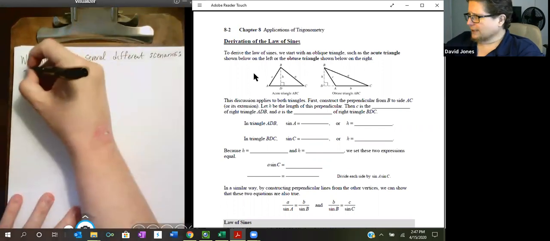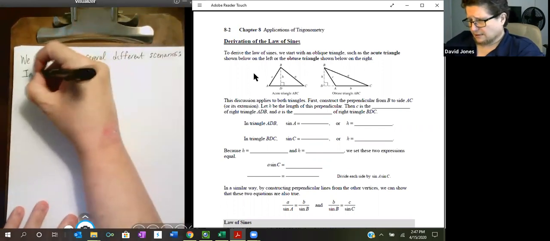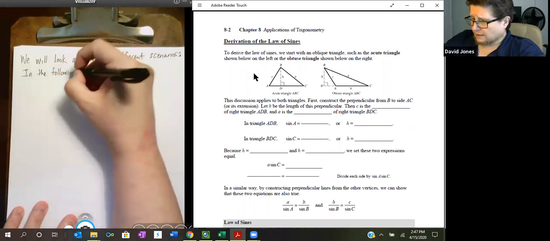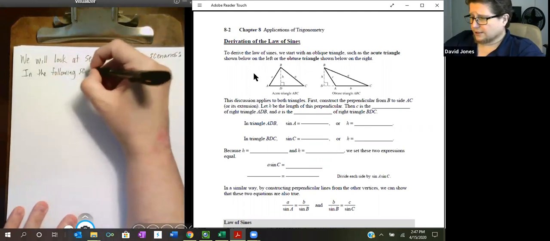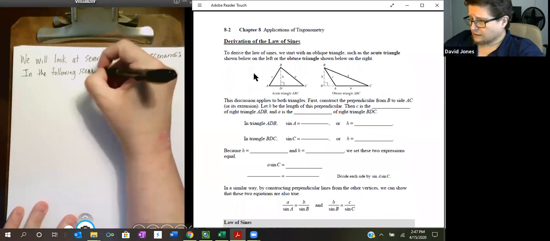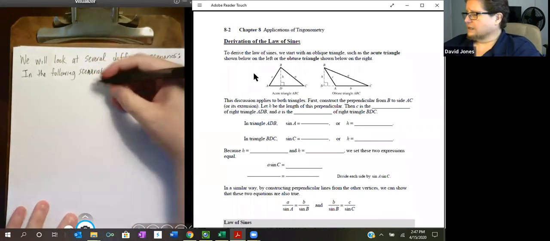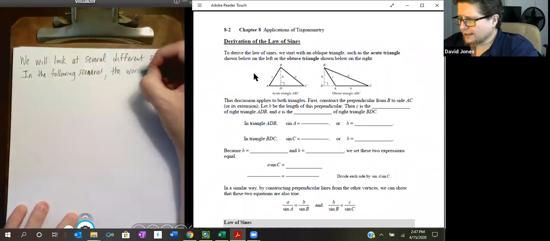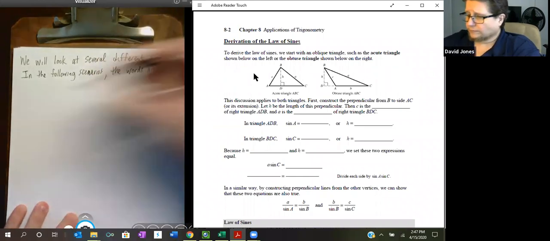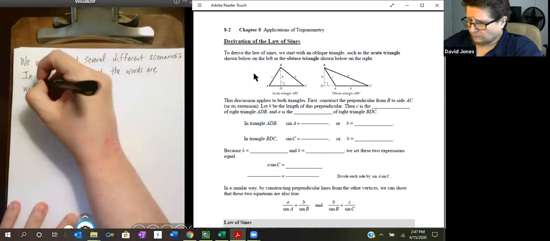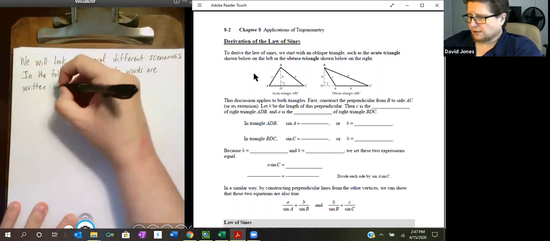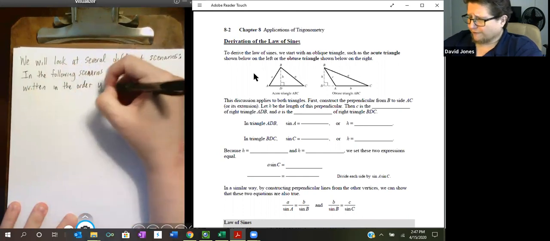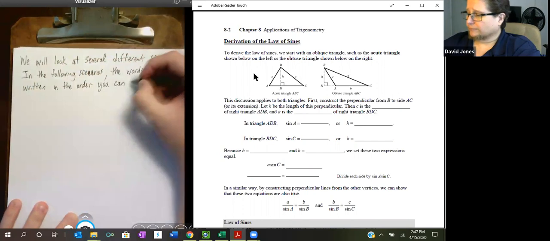In the following list of scenarios, the words are written in the order you can find them going around the triangle.